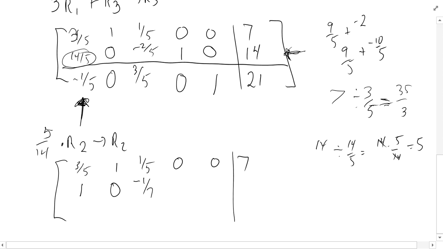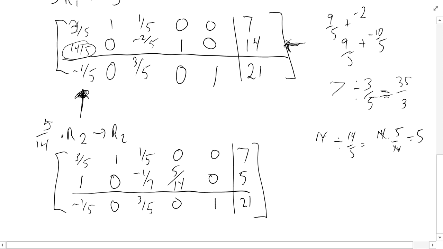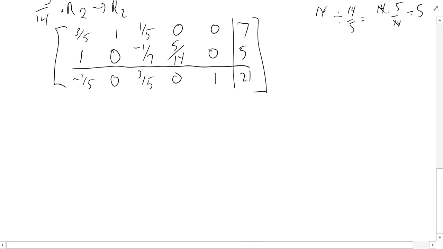The 5's cancel, and I'll get negative 2 over 14, which reduces to 1/7. 1 times 5/14 is 5/14, 0, and then 14 times 5/14 will leave us with 5. And for now, I'm not changing the bottom row, so I will just copy it down again. Alright, and there we've got that set up.